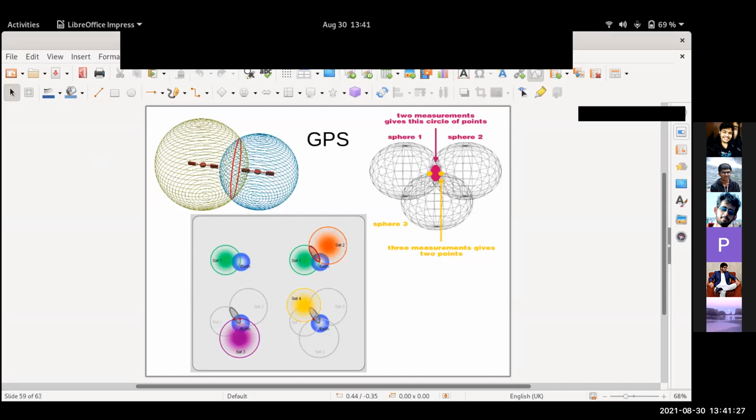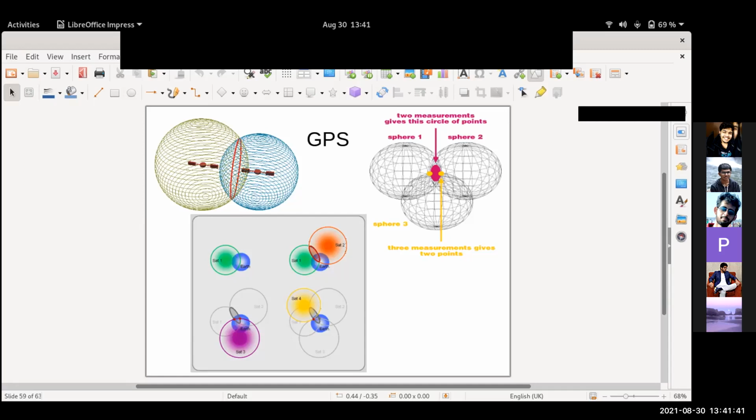But your replica clock is usually made of quartz crystals. So these cannot precisely reproduce the timing as well as atomic clocks.